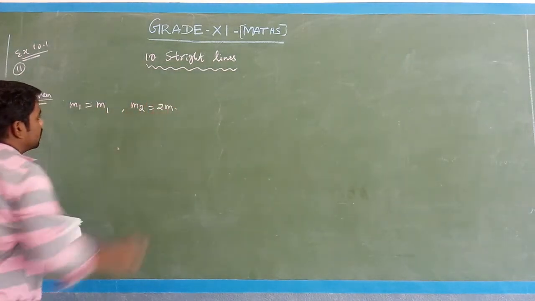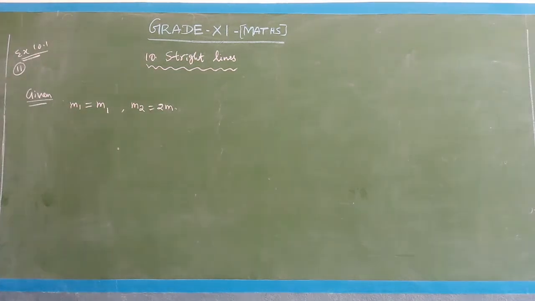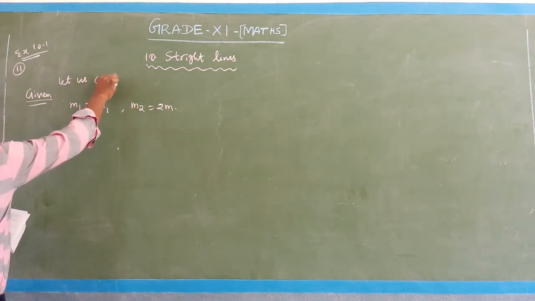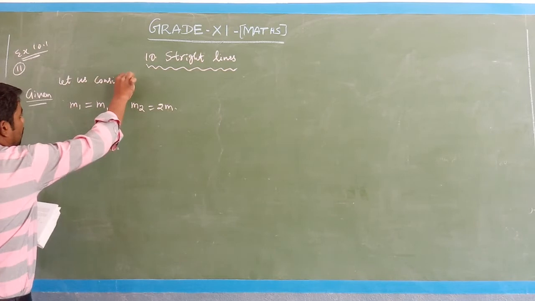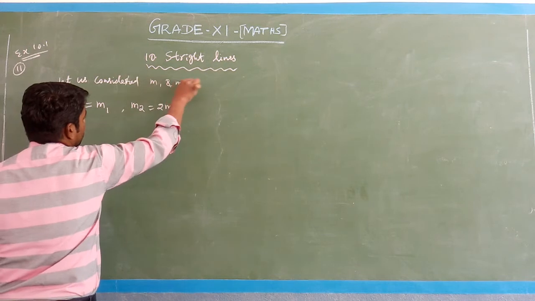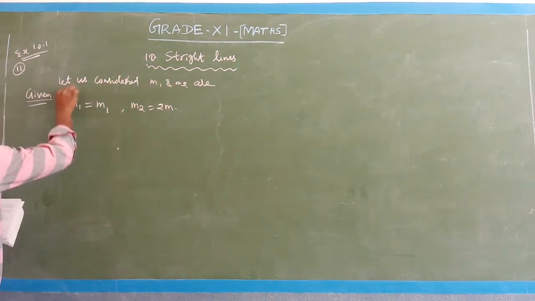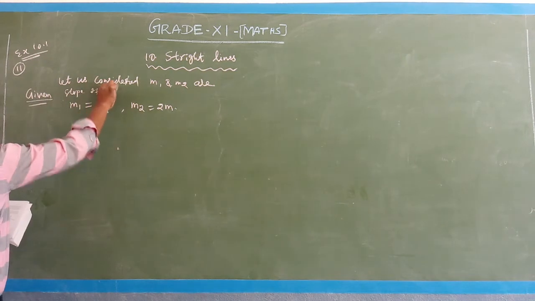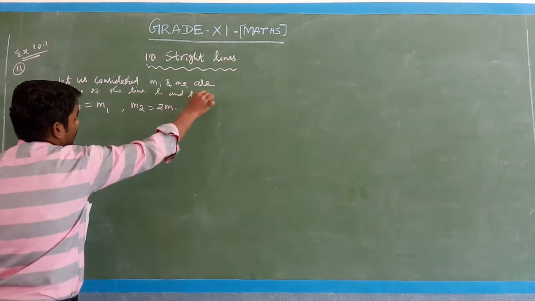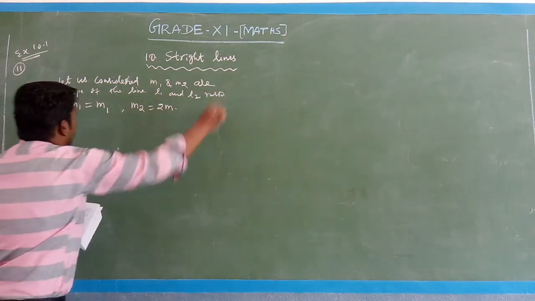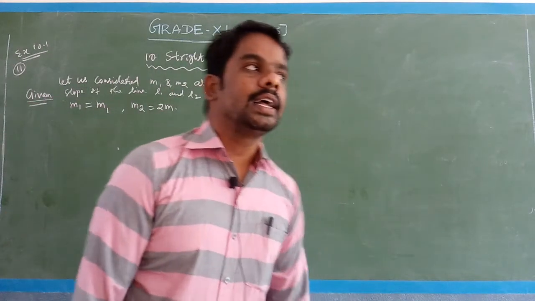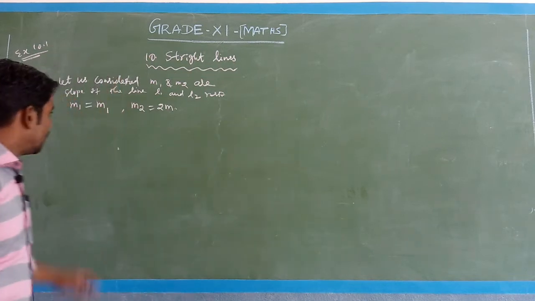Let us consider m1 and m2 are the slopes of the lines L1 and L2 respectively.